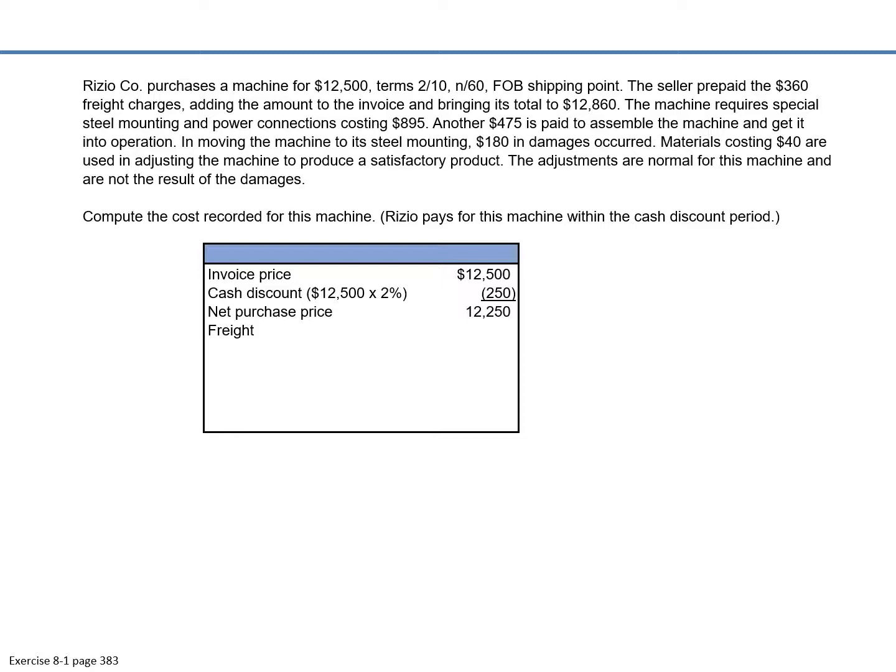It is FOB shipping point, meaning it's the buyer's responsibility to pay for it while it's in shipping. So we're going to pay for those costs, $360. The mounting costs of $895. The assembly cost of $475. The normal adjustments of $40. For a total cost of $14,020. The only charges that are not included are that $180 worth of damages. Okay?